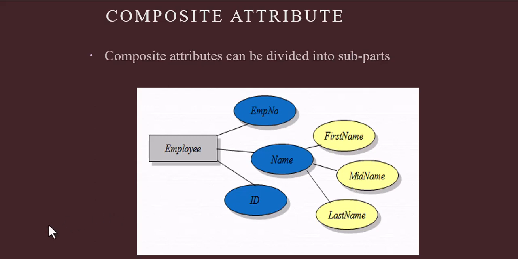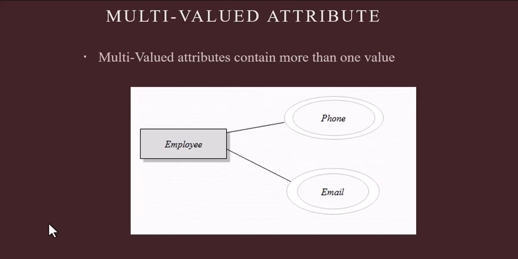You have seen on many websites, when you fill in the name, there are two spaces given, the first name and last name, or there can be three spaces for the first name, middle name, and the last name.